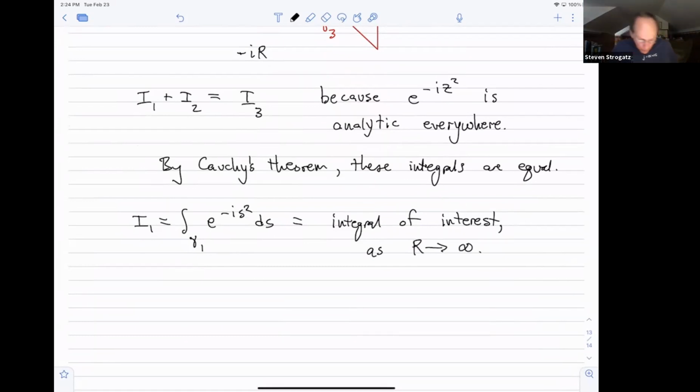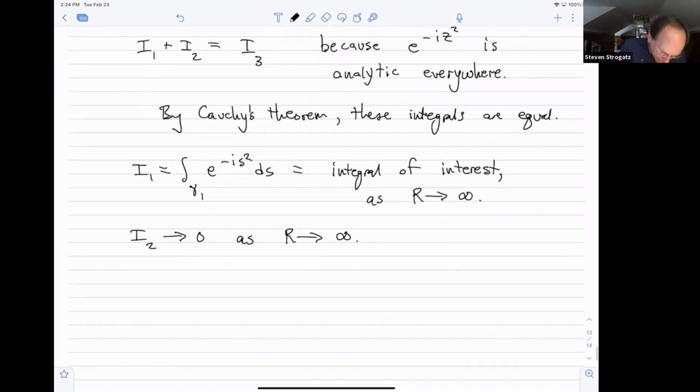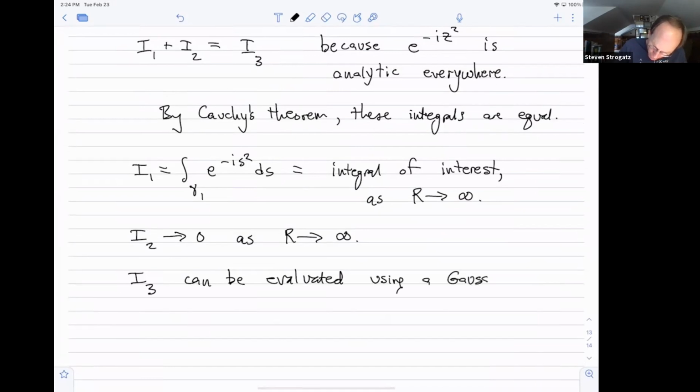And I2, we're going to show goes to 0, so that won't contribute anything. And I3 can be evaluated exactly in terms of a Gaussian integral, or a gamma function, or whatever you want to call it.